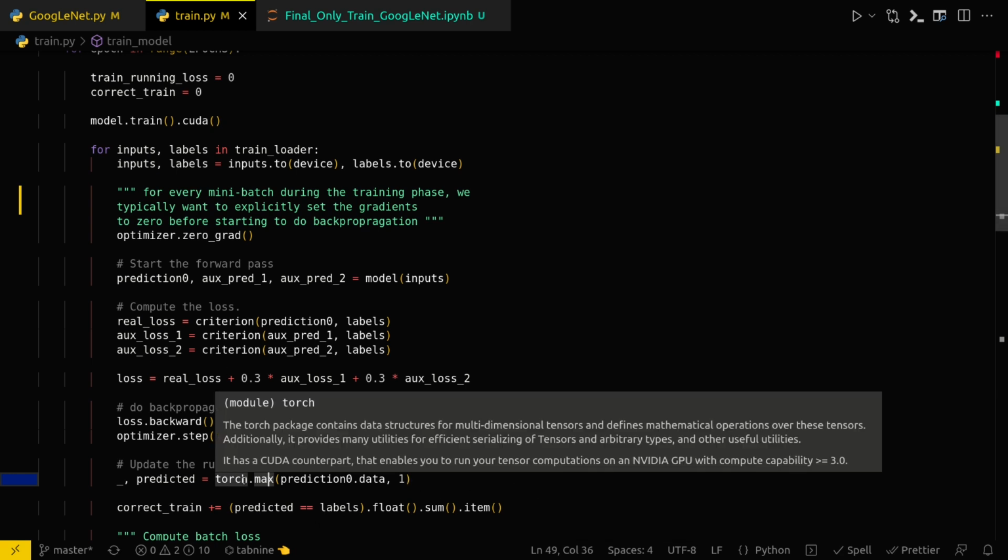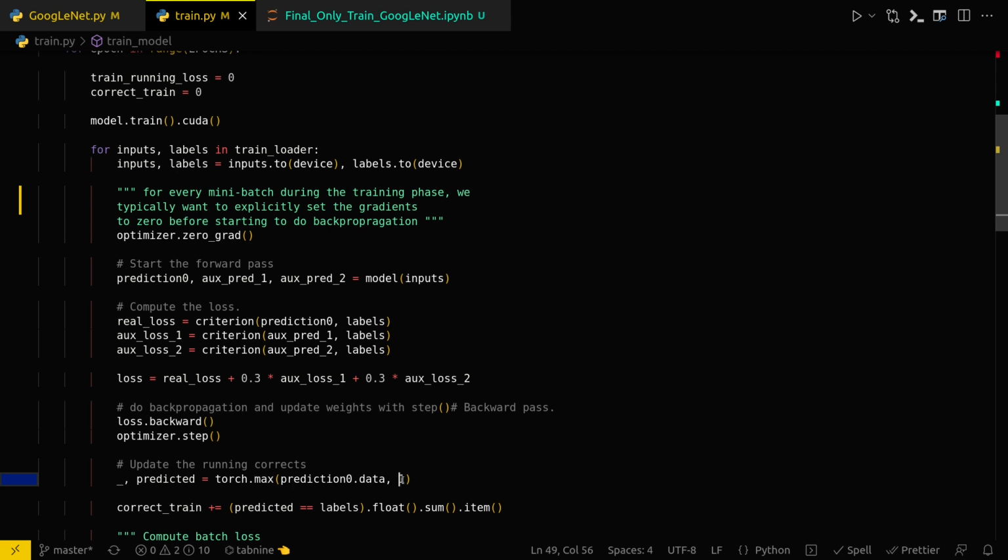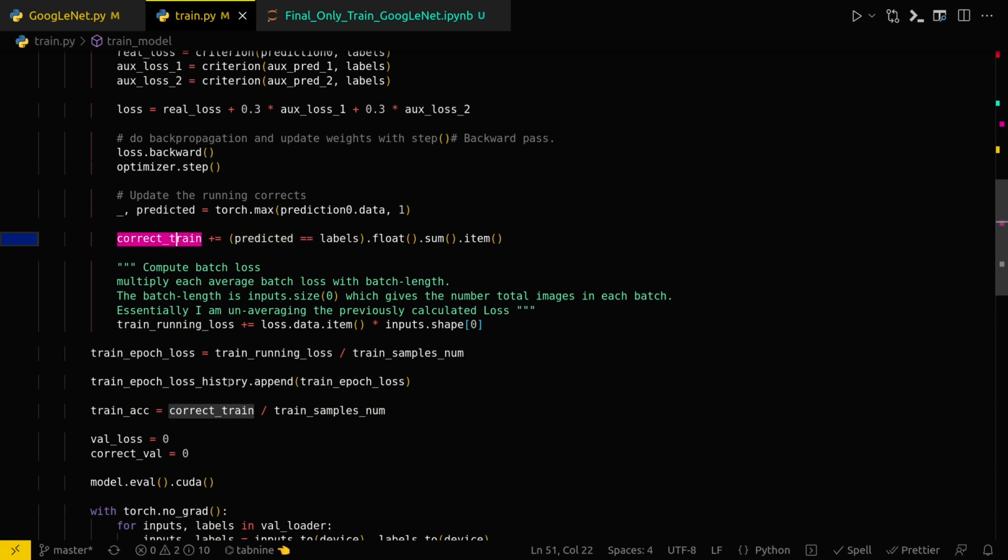And to torch.max I am giving dim equal to 1, that is, it will calculate the max on dimension 1, that is across the rows. And then my correct train will just be where the ground truth is equal to the predicted value. My ground truth is my labels, which is coming from here when I was iterating over my train loader dataset, and the predicted value is just what I calculated in the previous line. So that's my corrects.